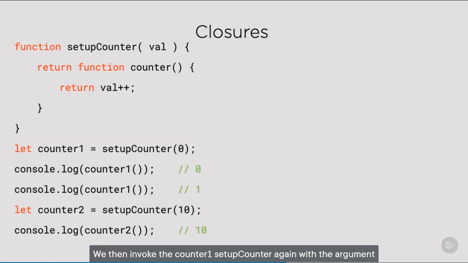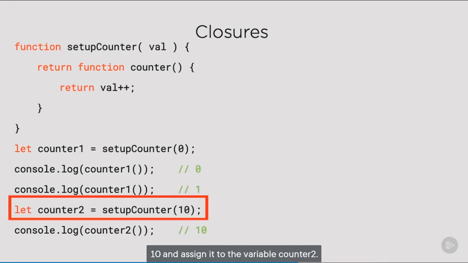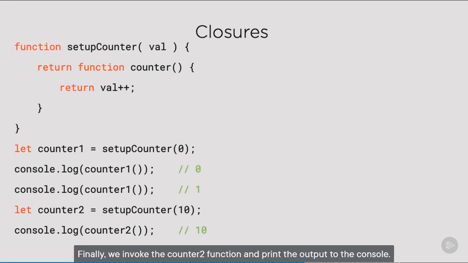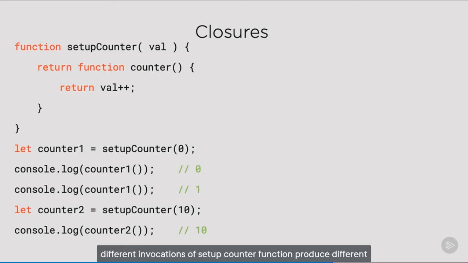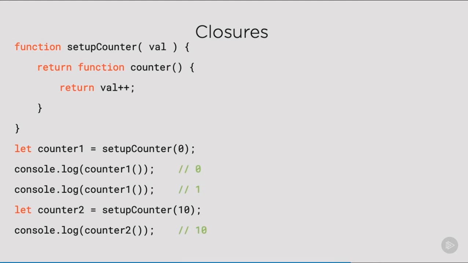We then invoke setupCounter again with the argument 10 and assign it to the variable counter2. Finally, we invoke the counter2 function and print the output to the console. This time, we see an output of 10. In this way, different invocations of the setupCounter function produce different functions with their own context and variables.